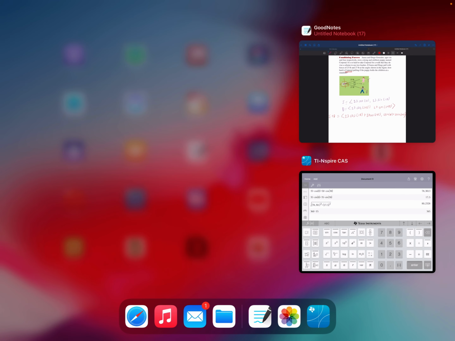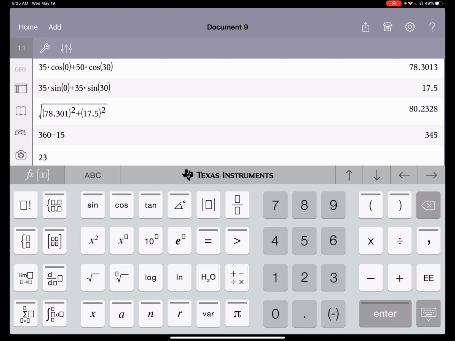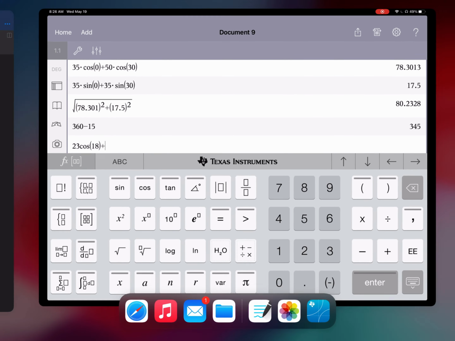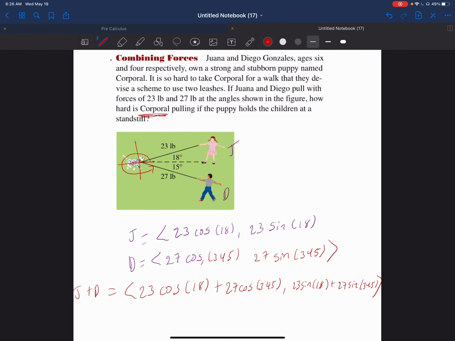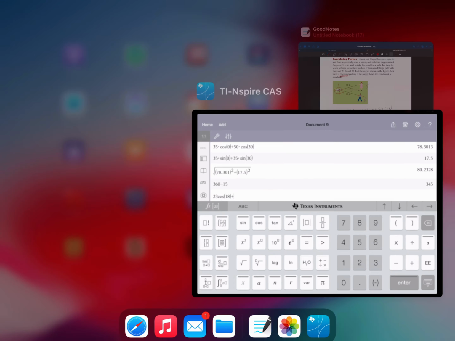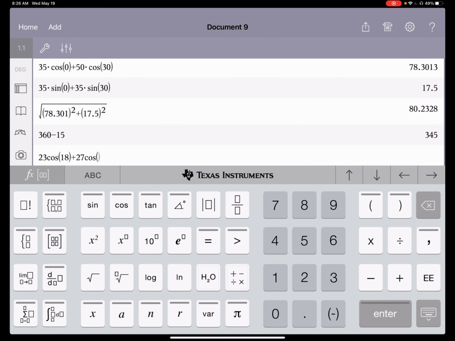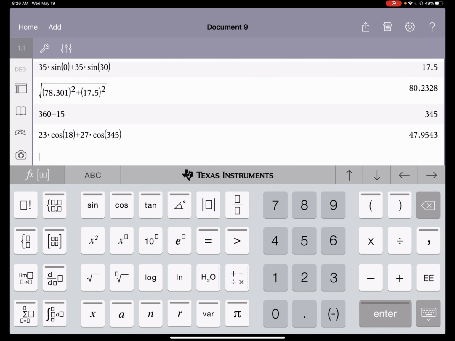So 23 cosine of 18 plus 27 cosine of 345, and to get my A, and then I'm going to repeat the same thing but with sine to get my B. 23 sine of 18 plus 27 sine of 345.